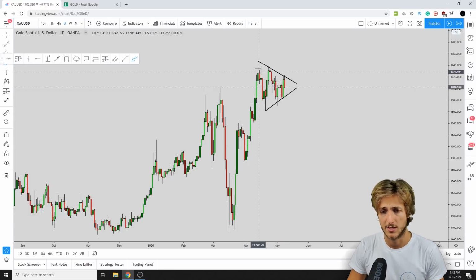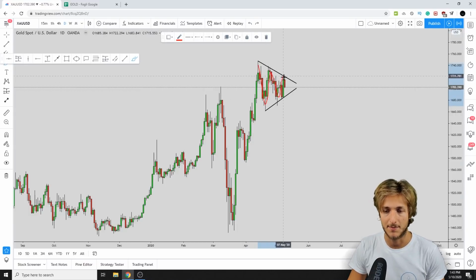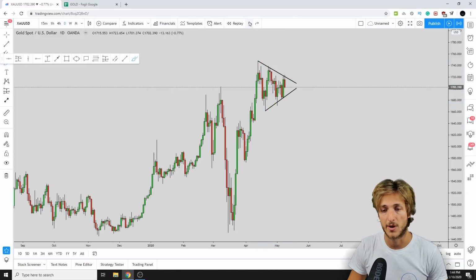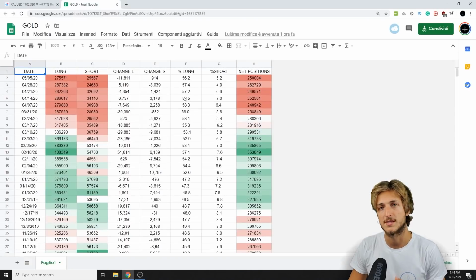Now, what do we see during this pattern, during this triangle formation that the market is forming? What is going on from a COT perspective? So what are hedge funds doing at the moment on this commodity? We can clearly see with the last report from the Commitment of Traders that hedge funds have closed 11k net positions, which is a lot of long positions to close from an institutional perspective.